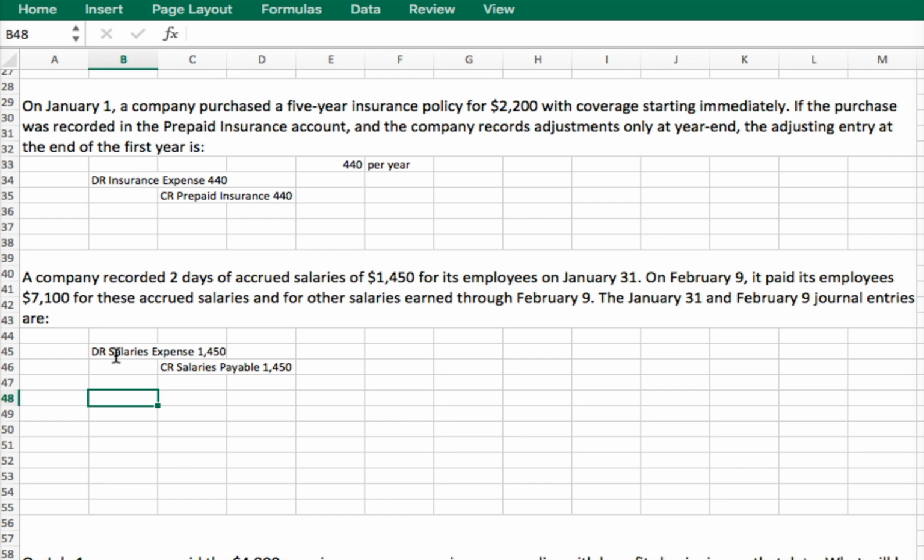Second part, we're going to go ahead and pay off that payable, and in addition to that, we're going to pay the additional amount of money that was earned. So the debit side is going to include a couple of things. It's going to include us recognizing the expense of this extra amount of work that was done between January 31st and February 9th.